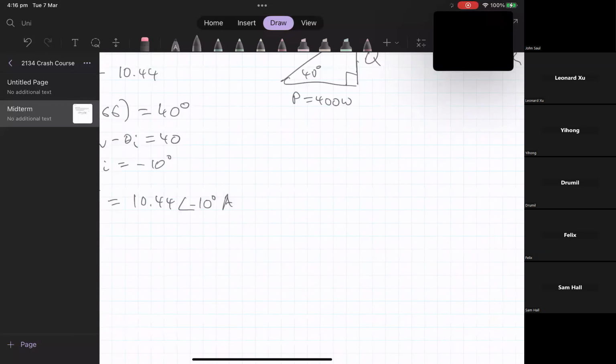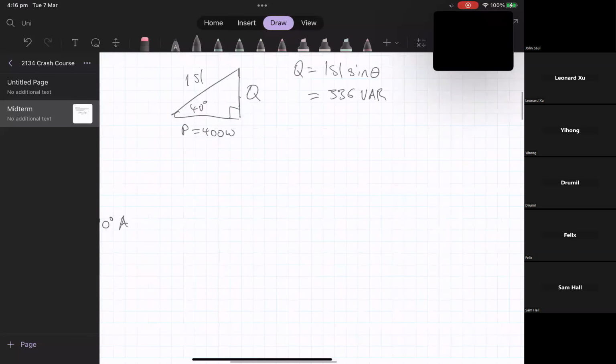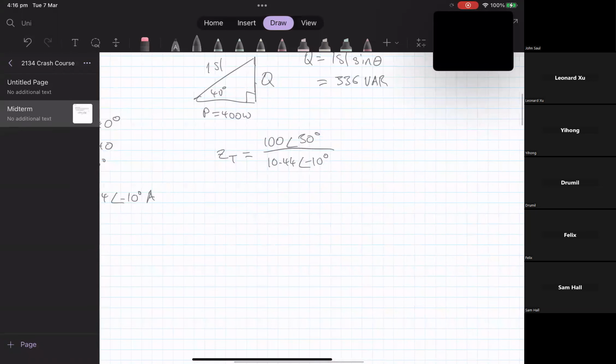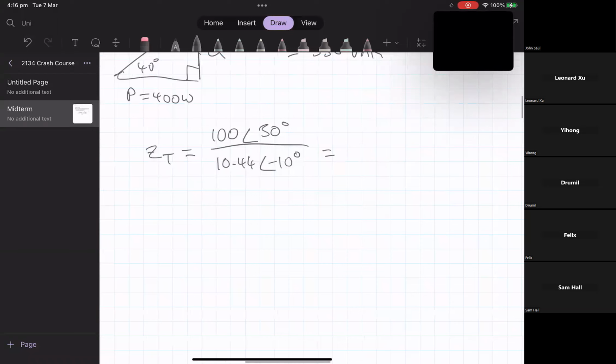So we can use known voltages and currents that we previously calculated to say that Z total is equal to 100 angle 30 on 10.44 angle negative 10. And we know that when we're dividing, the phases subtract. So that is equal to 9.58 angle 40 degrees. That is ohms.